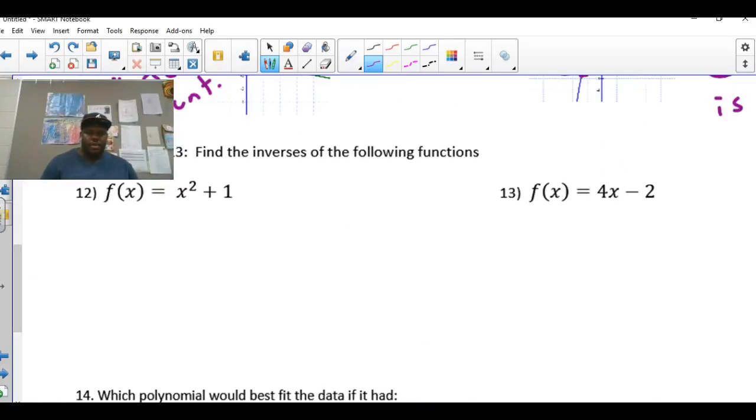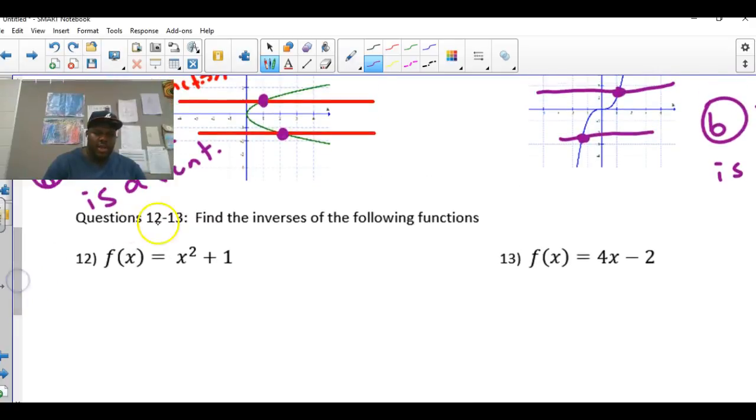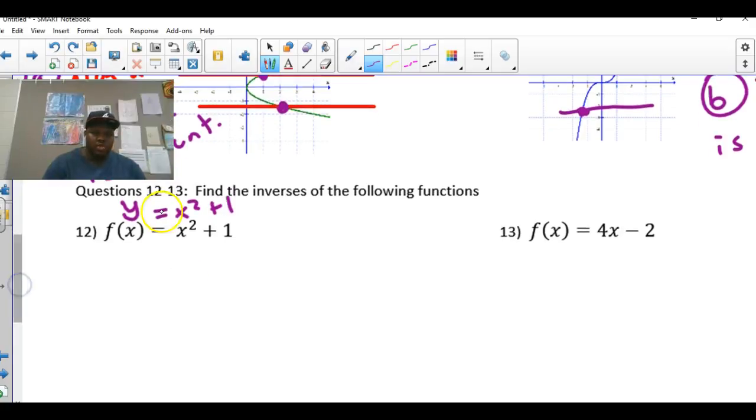Now, over here it says find the inverse. For number 12, when you find the inverse, step 1, swap x and y. So I'm going to rewrite this in terms of y so you guys can understand what I mean. y equals x squared plus 1. So now step 1, swap x and y like this.